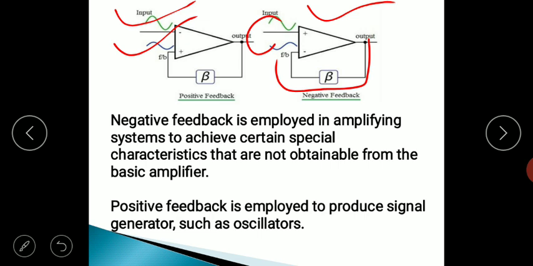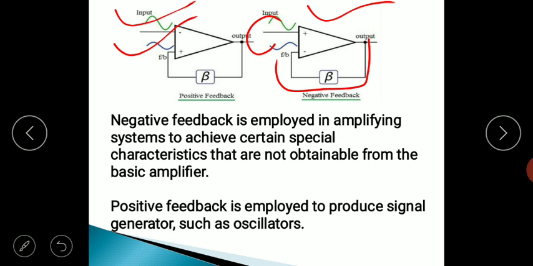This type of feedback is called negative feedback. I hope it is clear. In positive feedback, the input signal and the feedback signal are in phase, whereas in negative feedback the fraction of output signal and the input signal are out of phase. So these are the two types of feedback.